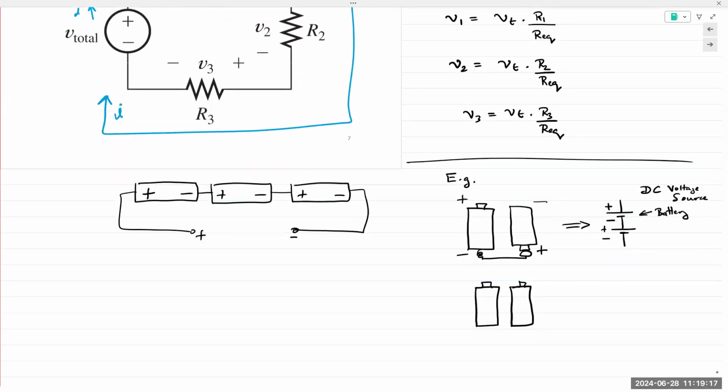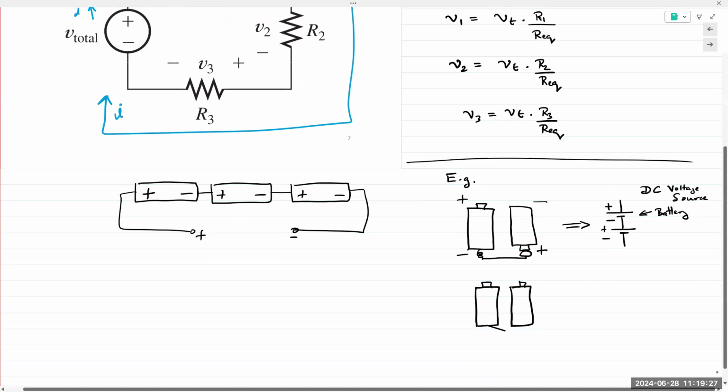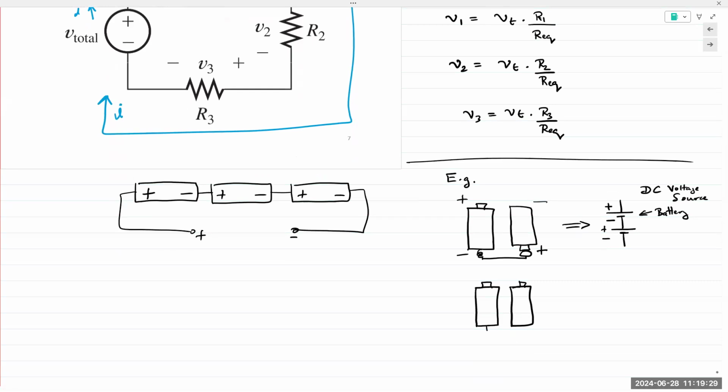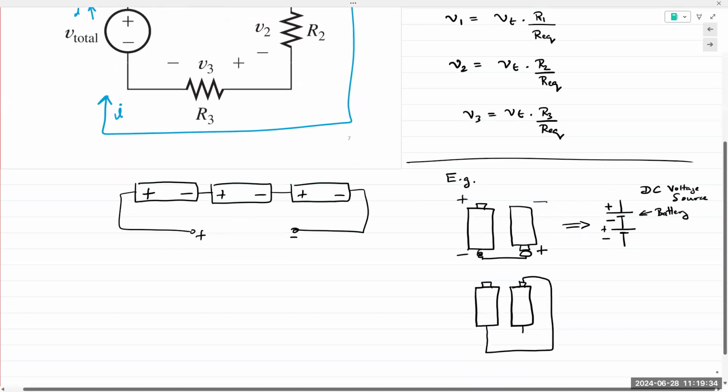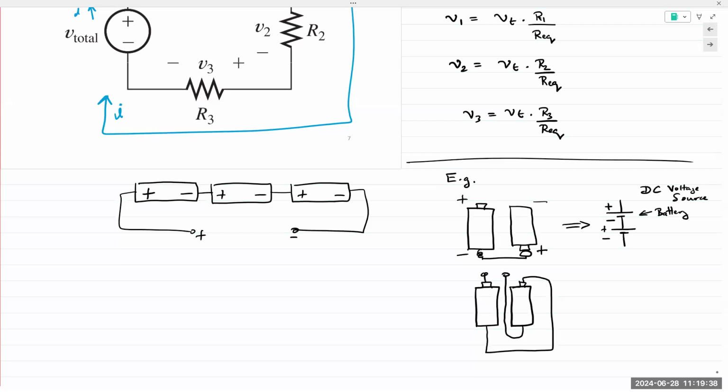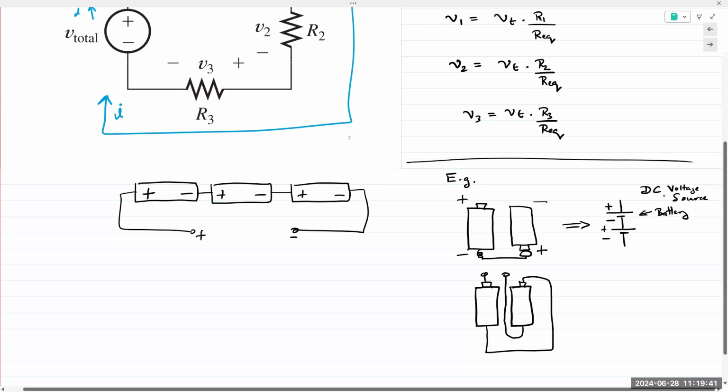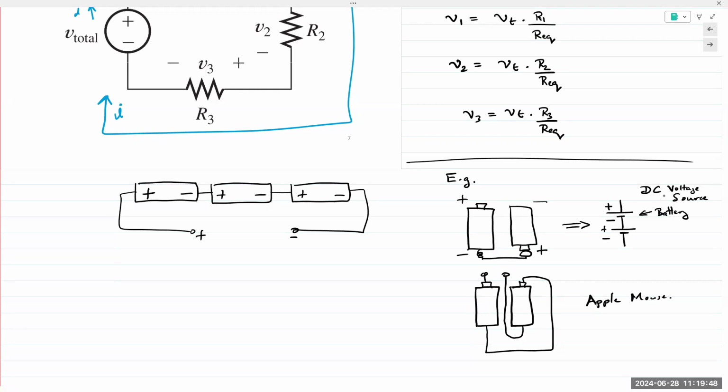But you see the challenge here, right? You have to design an internal circuitry that would take the negative end of this battery and somehow connect it to the positive end here. And internally, you have to take the negative end and go out here. That design challenge, amongst other things, is why it costs $100.